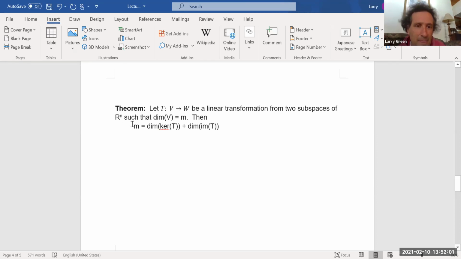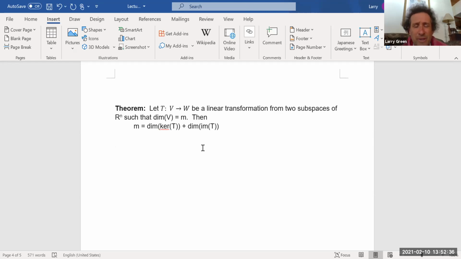Suppose the dimension of V equals M. Then M is equal to the dimension of the kernel of T plus the dimension of the image of T. I'll let you look at that for a moment because it's a lot of words and symbols.